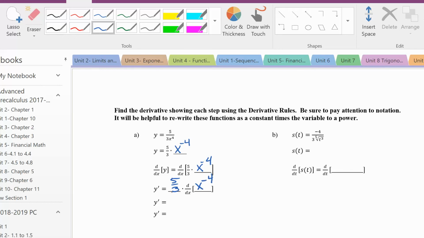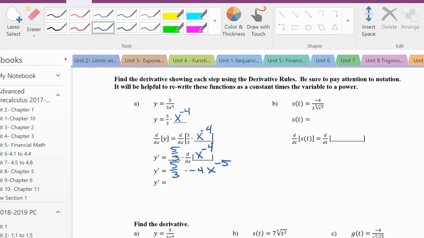So that's equal to 5/3 times negative 4 times x to the negative fifth. Well, 5/3 times negative 4 gives you negative 20 over 3x to the fifth. So that is your derivative.